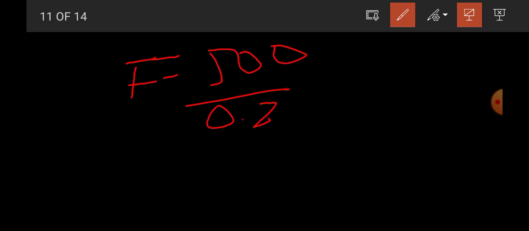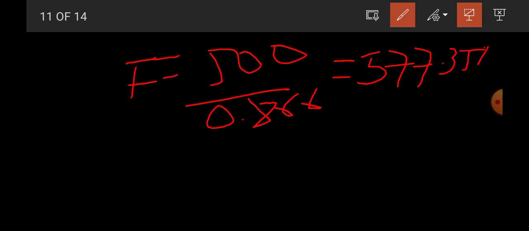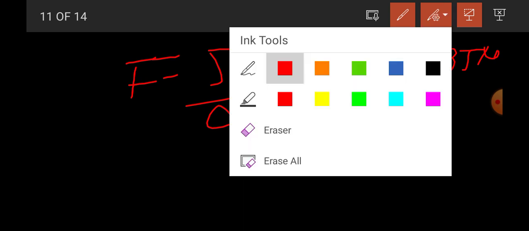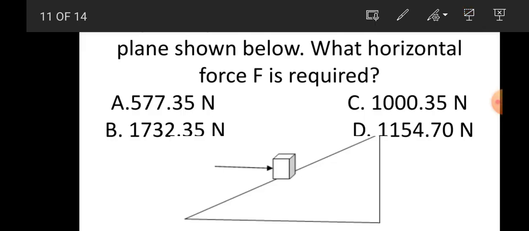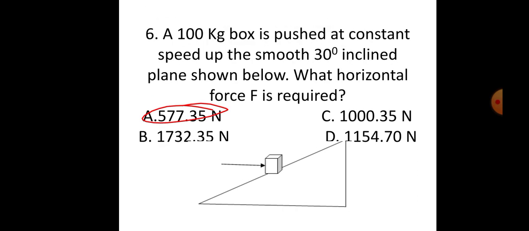Look, F is equal to 500 over 0.866. This is equal to 577.35 Newton. This is the force that pushes the box along the plane upward. Therefore, 577.35 is the answer.